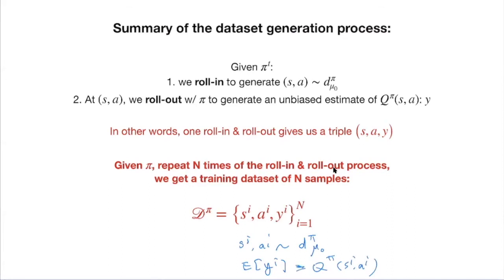So now we have a data set, and it looks like a regression data set to us. If we train a function that predicts from SA to y, then hopefully this function can predict Q pi SA, because my regression target is an unbiased estimate of my Q pi SA. So my claim is this is a regression data set.